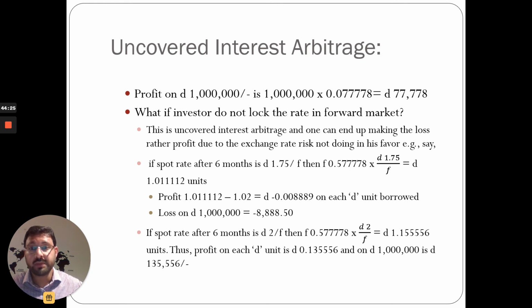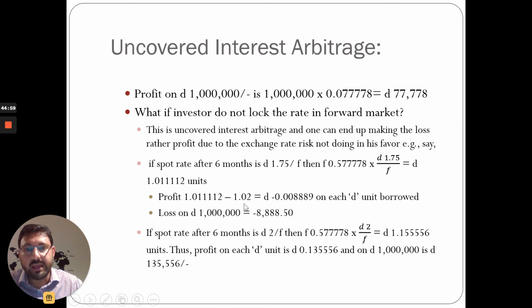For example, say the spot rate after 6 months is 1.75 units of D currency to buy 1 unit of F currency. In that case, you will end up getting this, remember, this was the F currency. This is the number of units of F currency which you will get after 6 months if you have started with 1 unit of the domestic currency.